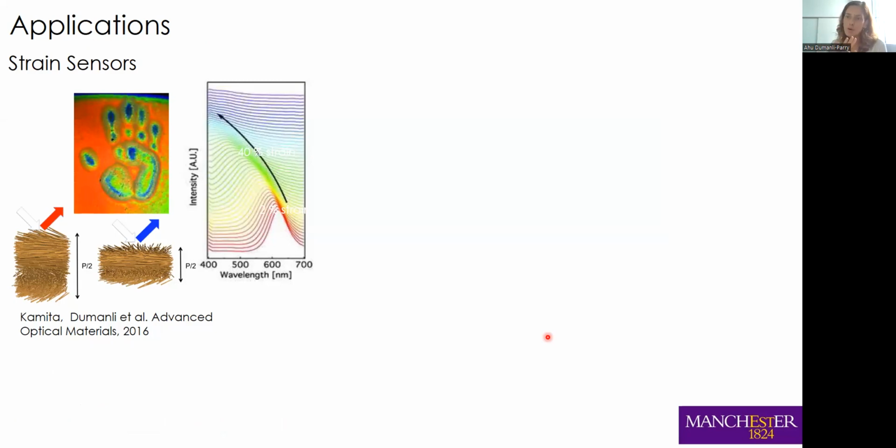When you compress this by putting a stress onto these cholesteric layers, you're compressing the cholesteric order, so you're shifting the color from red to blue. And we see that this transition from red to blue is quite linearly related to how much stress you applied.